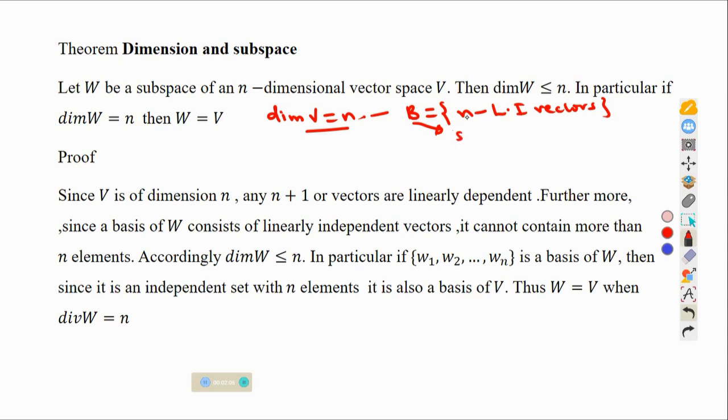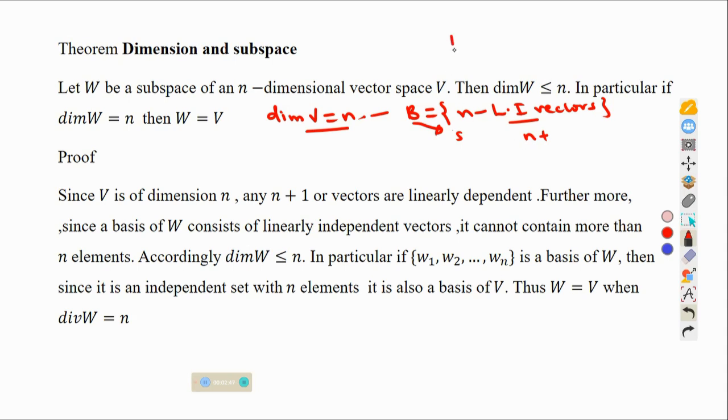That is, the set B must be spanning the vector space, and at the same time, the vectors within this basis must be linearly independent. And as we said, to determine the dimension of the vector space, you must look at the number of elements within the basis. So since V is of dimension n, the moment you have more than n vectors within the basis, they will be linearly dependent.